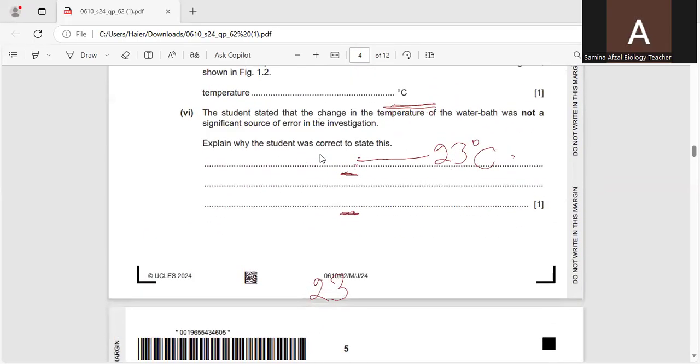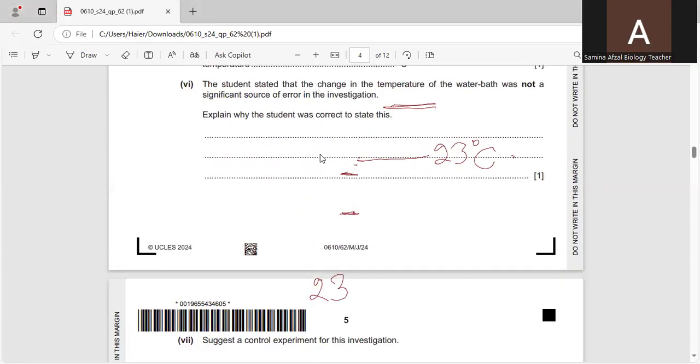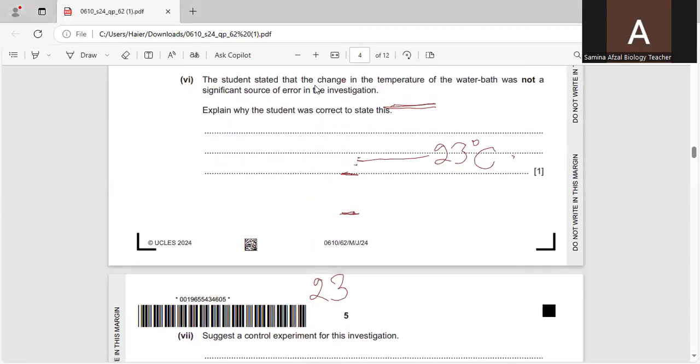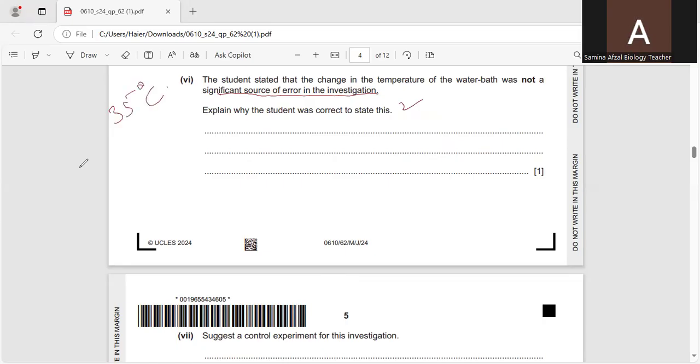Next question is, the student stated that the change in the temperature of the water bath was not a significant source of error in the investigation. Explain why the student was correct to state this. Yes, he is very much correct because the temperature was kept at 35 degrees centigrade for about 20 minutes.